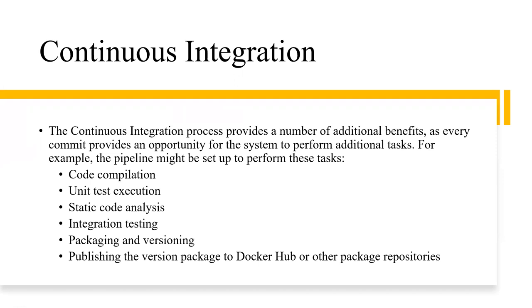Note that there are some situations that involve large and complicated changes, such as addition of new features, in which changes must be grouped together. In this case, every commit may trigger only part of the CI pipeline, with the packaging and versioning steps running only when the entire feature is merged to the master.